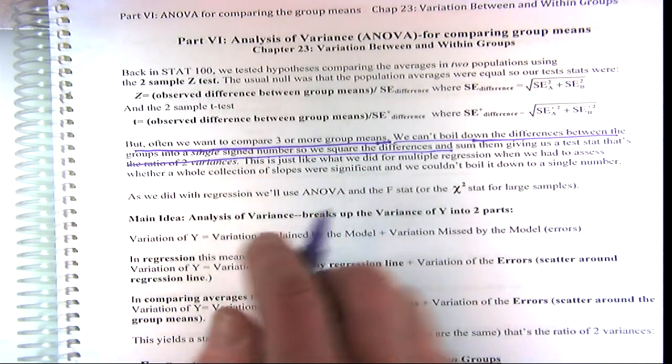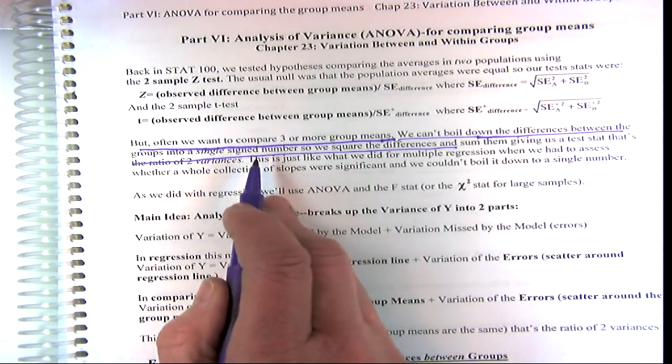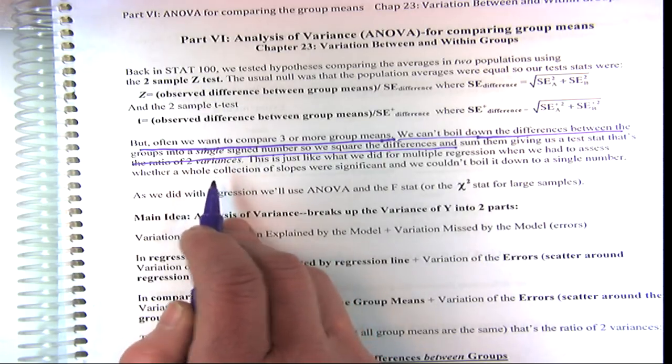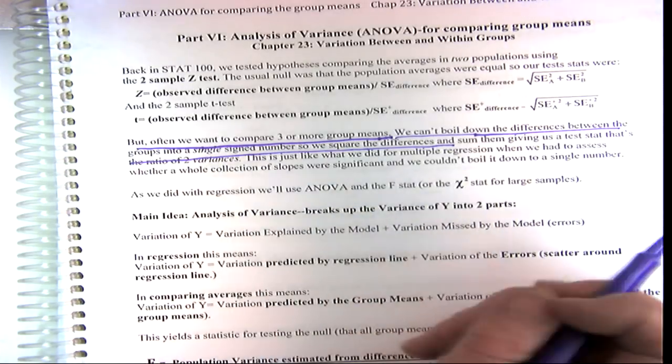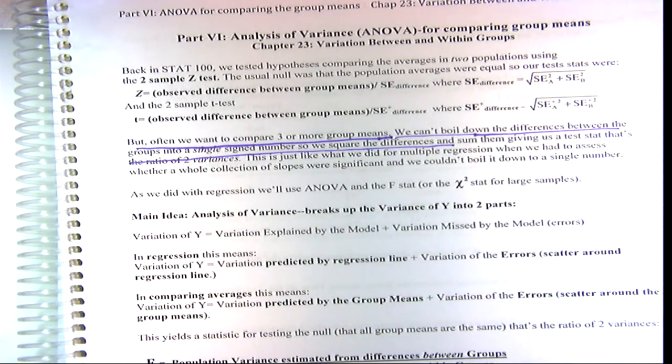And so it's what we've been doing all along. So it gives us a statistic that's the ratio of sums of squares, the ratio of two variances. It's the F statistic, or the chi-square statistic, that we've been using all along. So you're going to see the same thing that we've been doing all along in a much simpler context. So that's what we'll do.